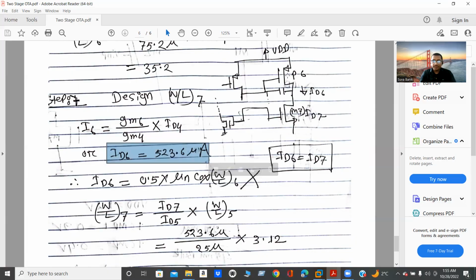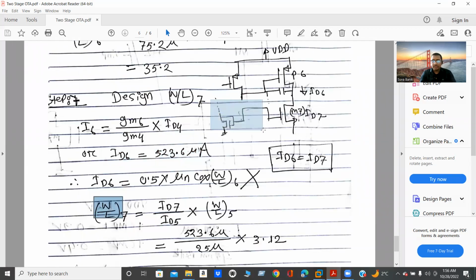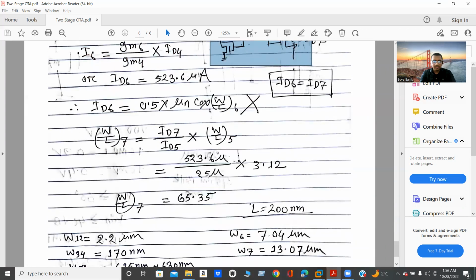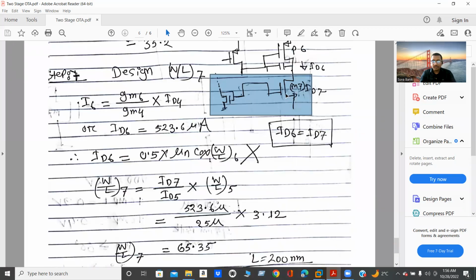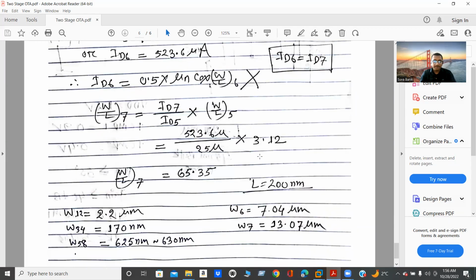Once we have found this ID6, then we can calculate the W by L7 because this is also a current meter configuration. Mean this NMOS and this self-bias NMOS also in the current meter configuration. And middle of this, if you have remember, there was my tail current source.